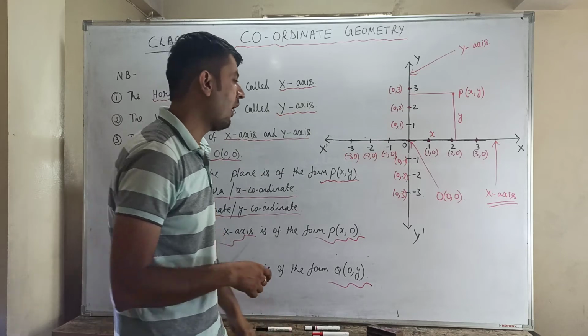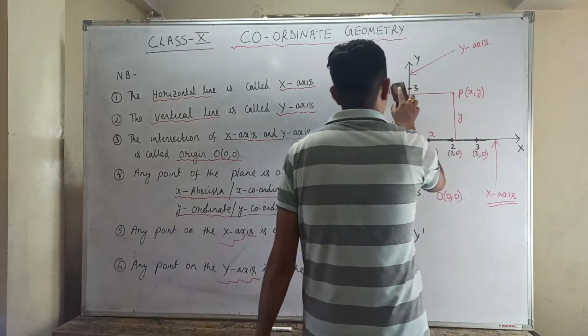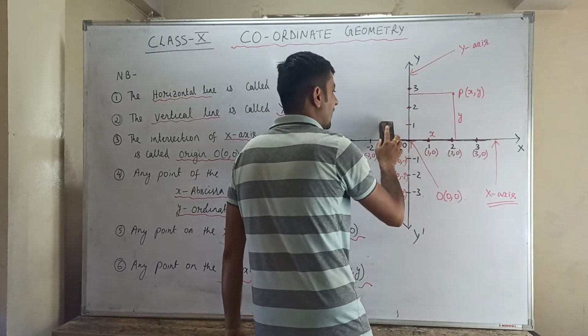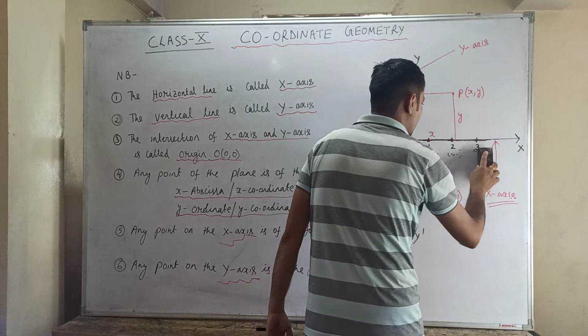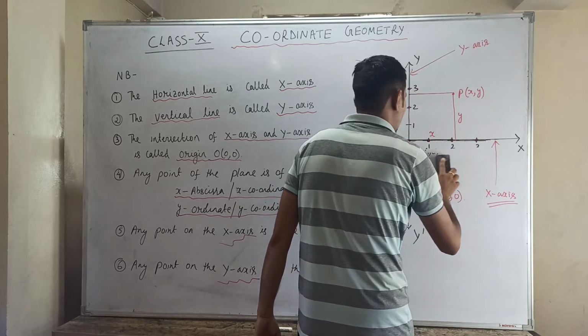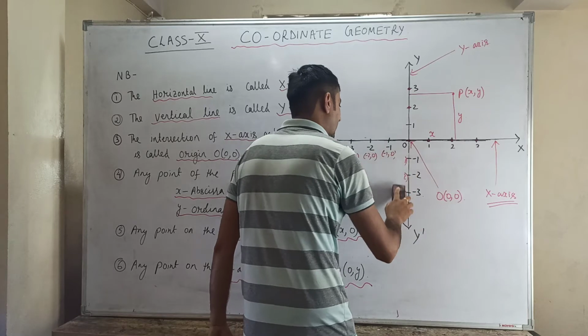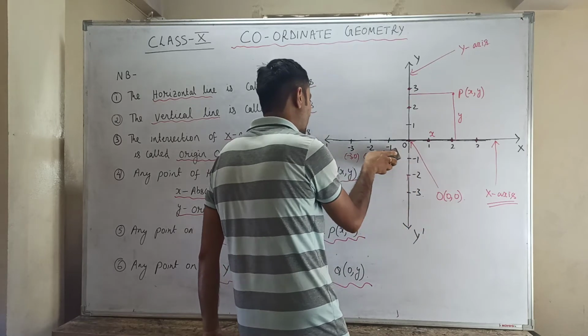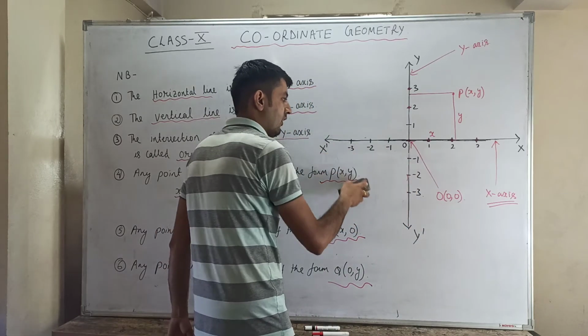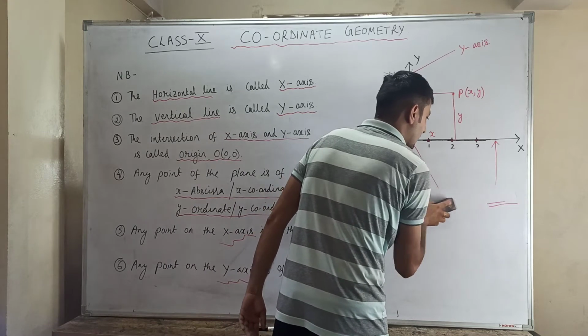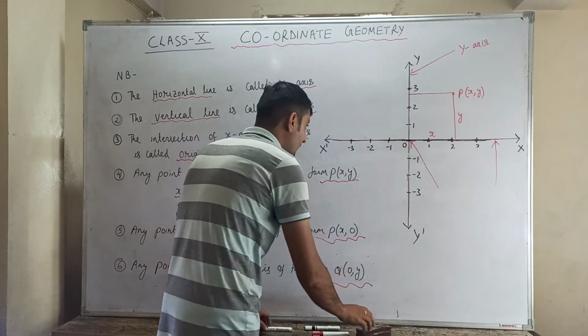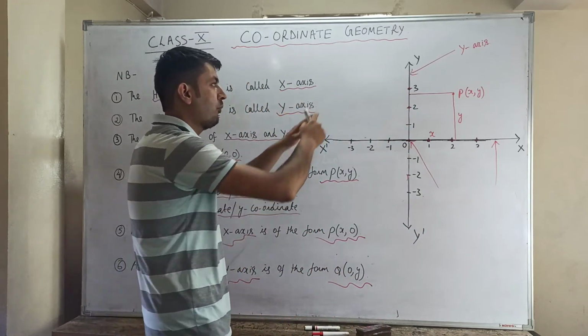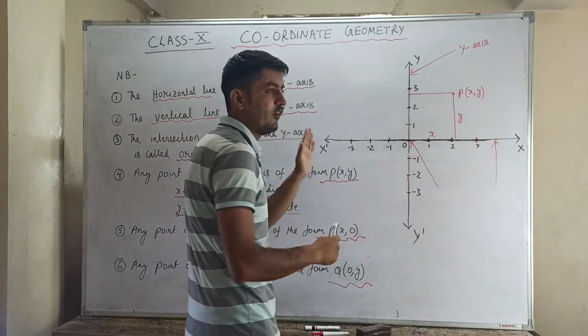Next part I will discuss about your quadrants. You have already done it in your class 9 also. So let us see. As you can see here, this plane is divided into 4 parts.